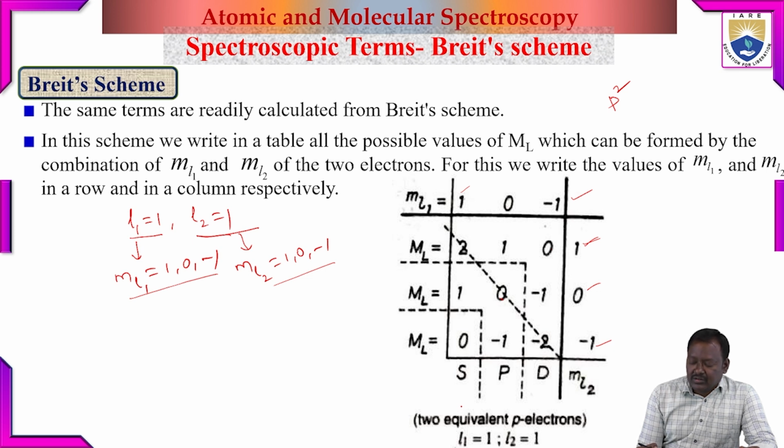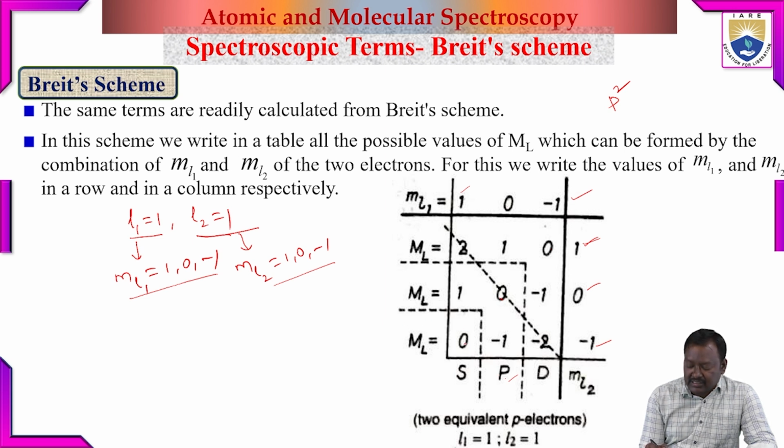Here we can see the total orbital angular momentum values, ML values, starting from 2, 1, 0, minus 1, minus 2. This particular row, 2, 1, 0, minus 1, minus 2, forms the D term. If we see this column, the values 1, 0, minus 1 represent the P term.